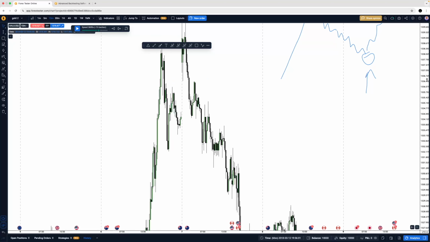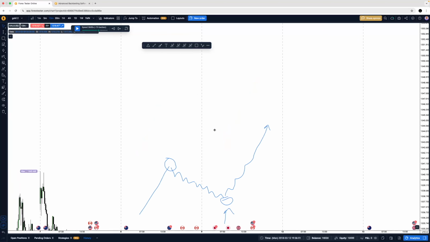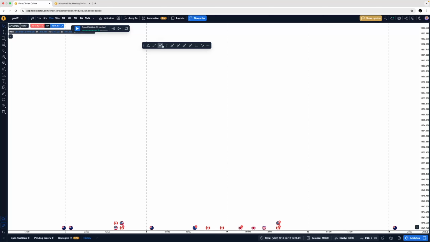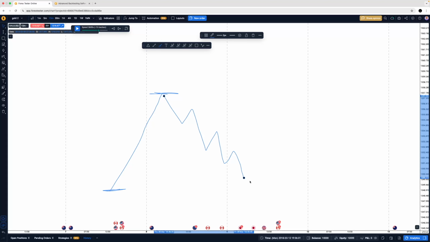Okay, I hope you understand it. And another thing that I want to point out is that the last move is very, very aggressive. It will look very impulsive. Like let's say right now, you have a move to the upside. We have this low. We have this correction like this. This last move here will look very impulsive.